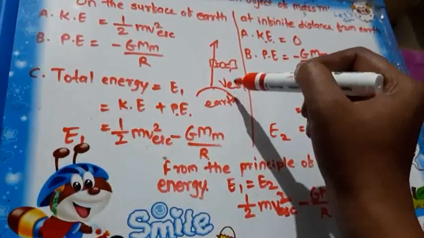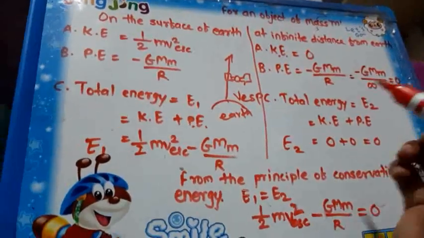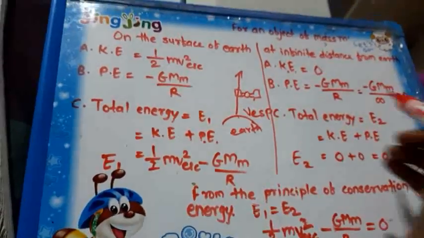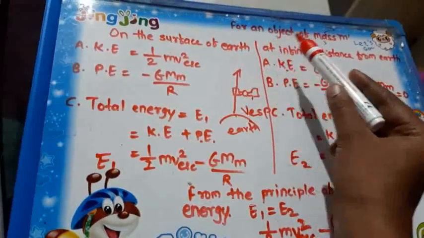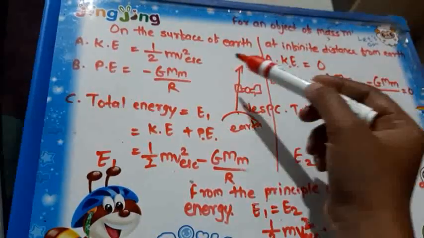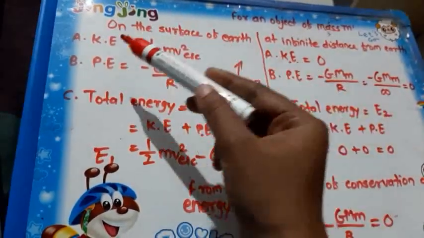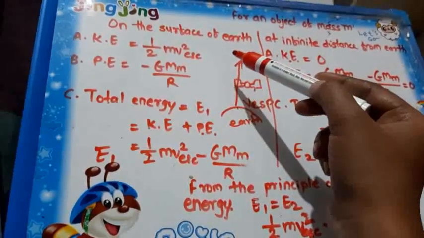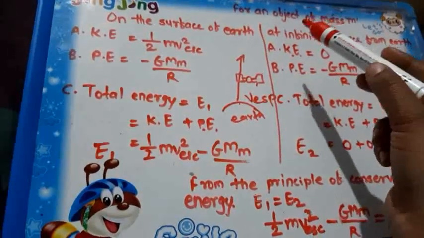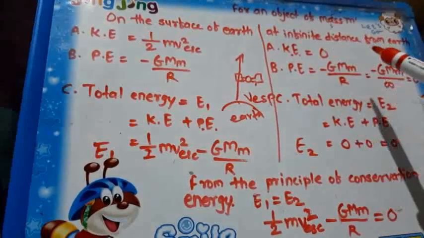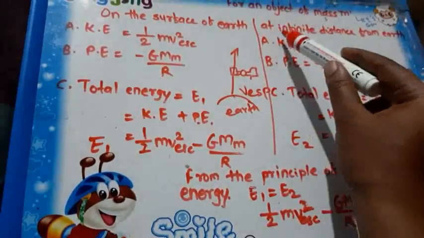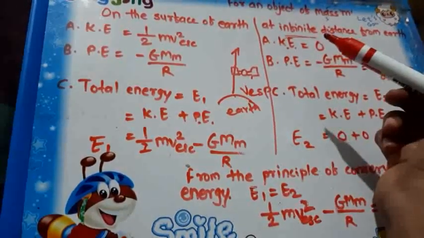For that we have to consider two cases for an object of mass m. First case is when that object is on the surface of Earth, and second is when that object is at infinite distance from the Earth. Infinite means very, very long distance.